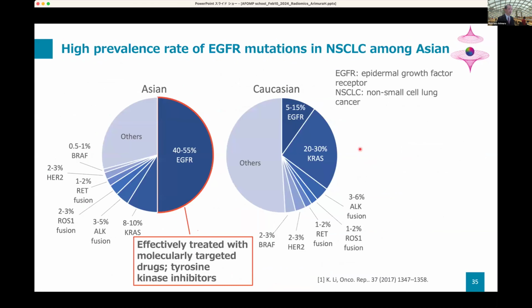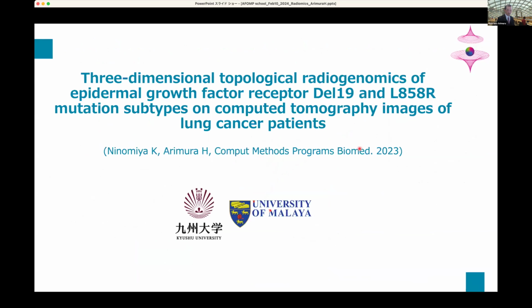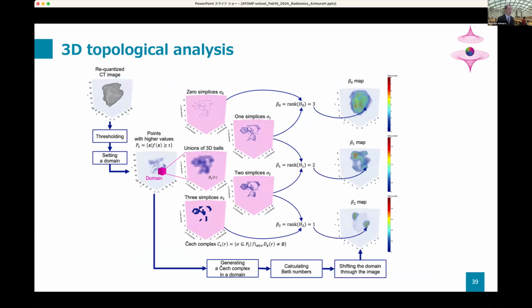And this is another topic, to detect subtype of EGFR mutation and radiogenomics research. So to detect DEL19 and L858R. And in this study, we use three-dimensional topological fold analysis.